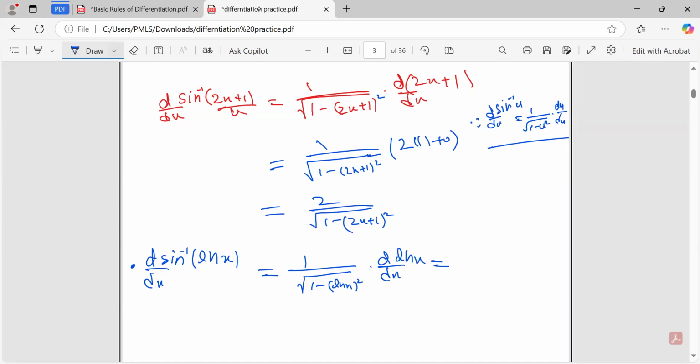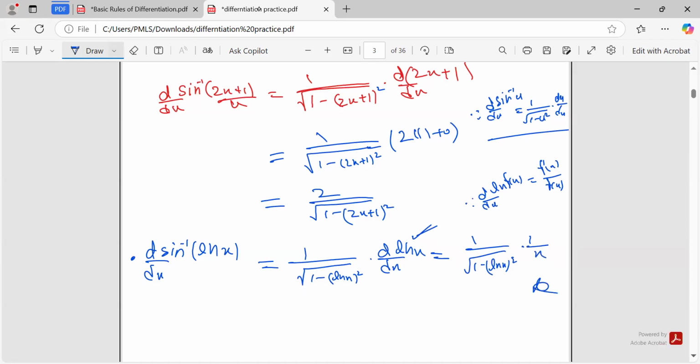We know that for ln of f of x, the derivative is f prime of x over f of x. So the derivative of this function will be 1 over x, right? So our answer will be 1 over square root of 1 minus (ln of x) whole squared times 1 over x.